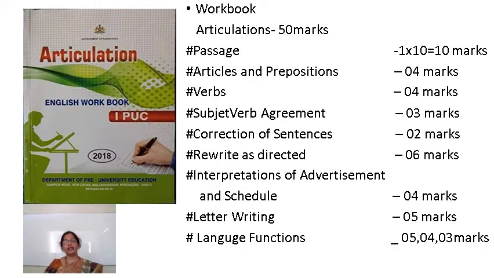And here you have the cover page of your workbook, that is Articulations. Articulations means that which makes you able to learn and be confident of the grammar part. Here in this part, you are going to cover another 50 marks in your annual examination.